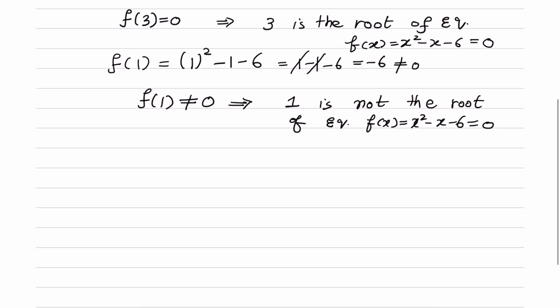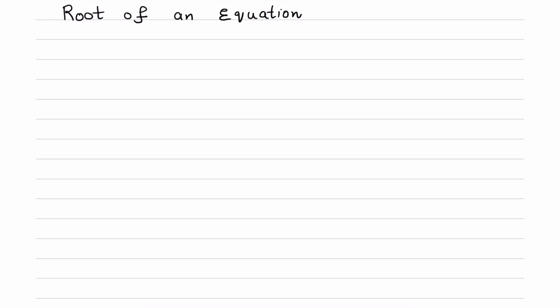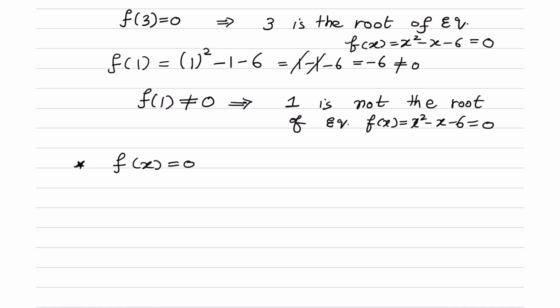Now, we want to emphasize a point here. If for some equation f of x equal to 0, let's say f of 5 is 0. Now we know that this would imply that 5 is the root of this equation f of x equal to 0.